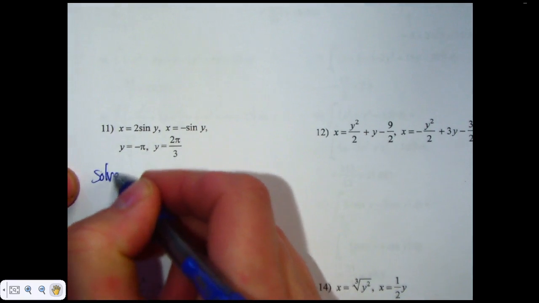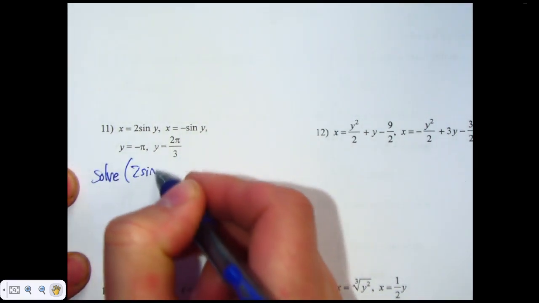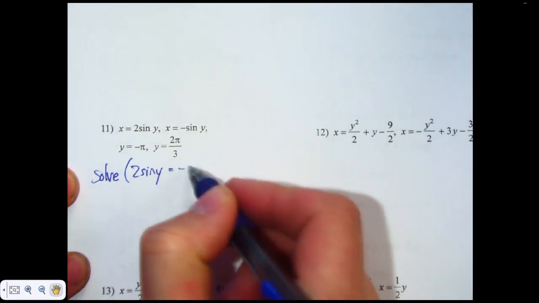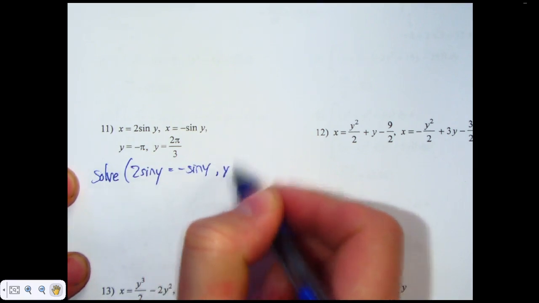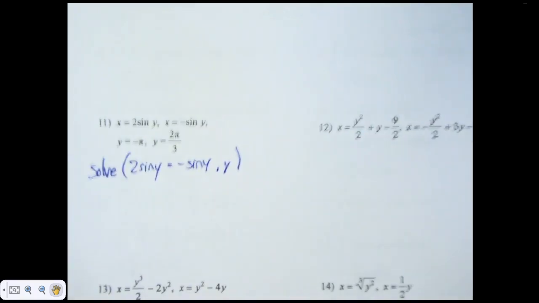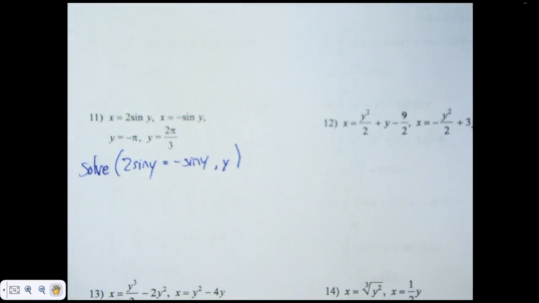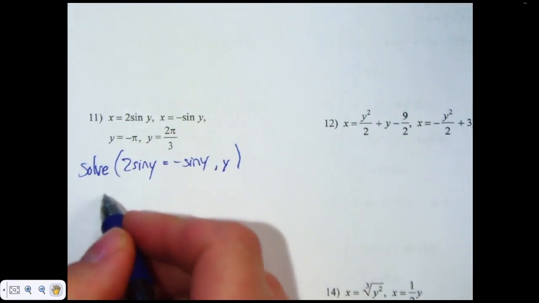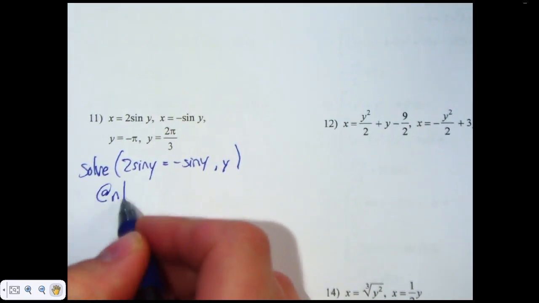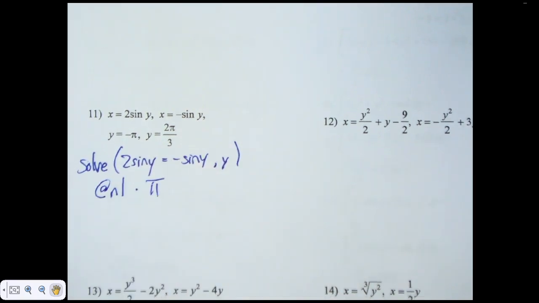Alright, let's look at 11. So when you go to solve it, that's the first step, right? Is to go solver: 2 sine y equals negative sine y, comma y. And so I think the numbers can change, but mine gives me this at n1 times pi.